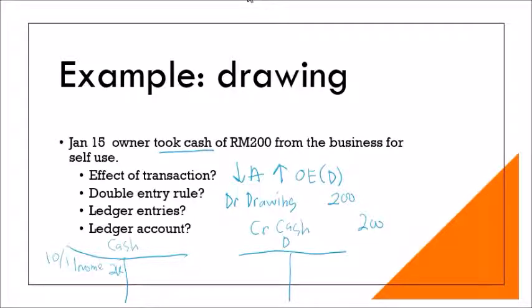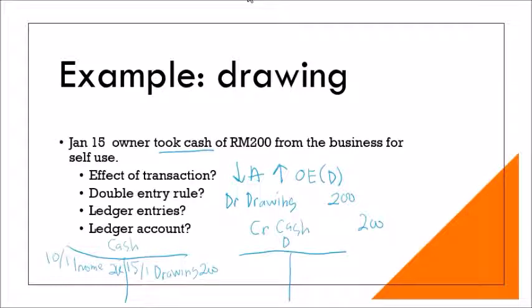So we record on the credit side on 15 Jan a reduction in drawing for 200. So next is drawing.